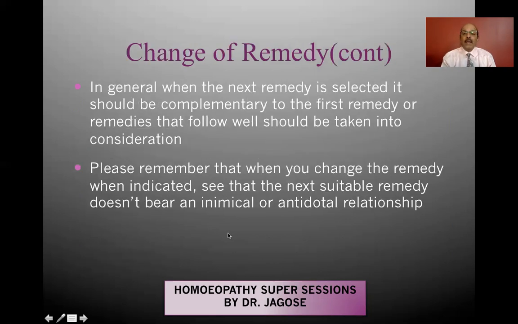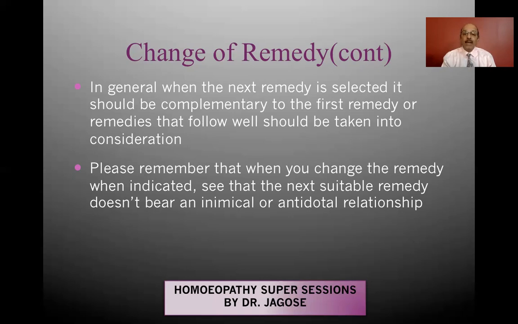In general, when the next remedy is selected, it should be complementary to the first remedy, or remedies that follow well should be taken into consideration. So when you change the remedy, please see in your remedy relationship table that it is complementary to the first remedy, or it follows well.